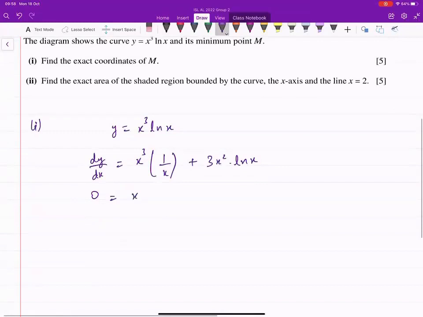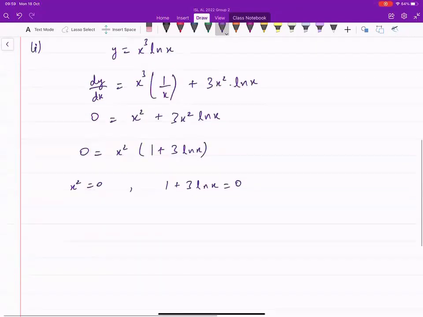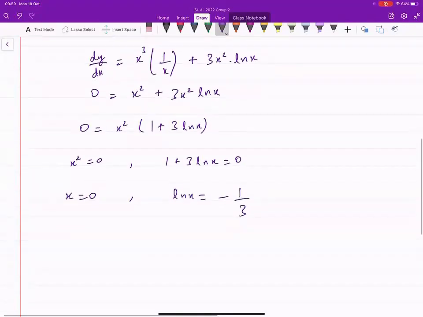We get x square plus 3x square into ln of x. That gives us x square into 1 plus 3 ln x equals 0. Either x square equals 0 or 1 plus 3 ln of x equals 0. So either x equals 0 or ln of x equals minus 1 over 3.